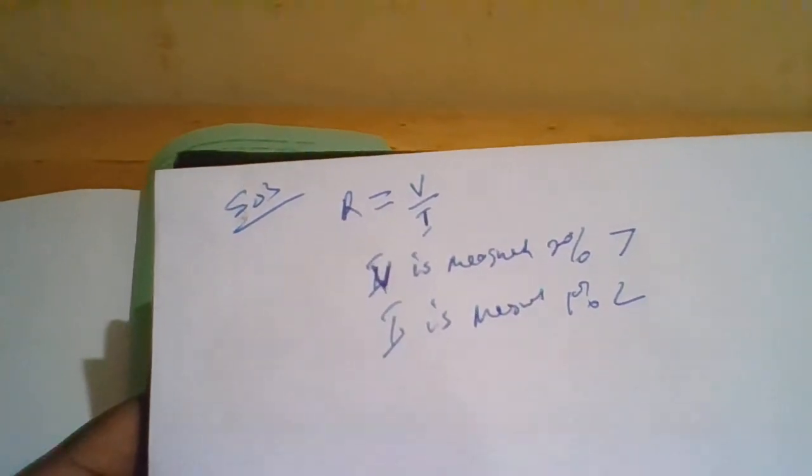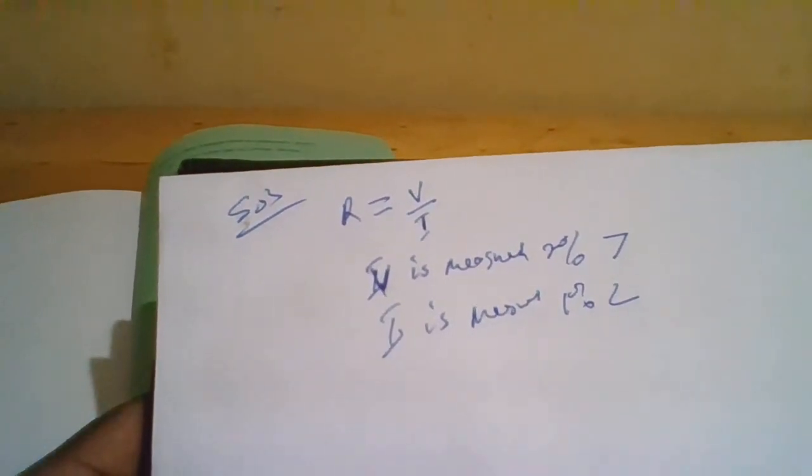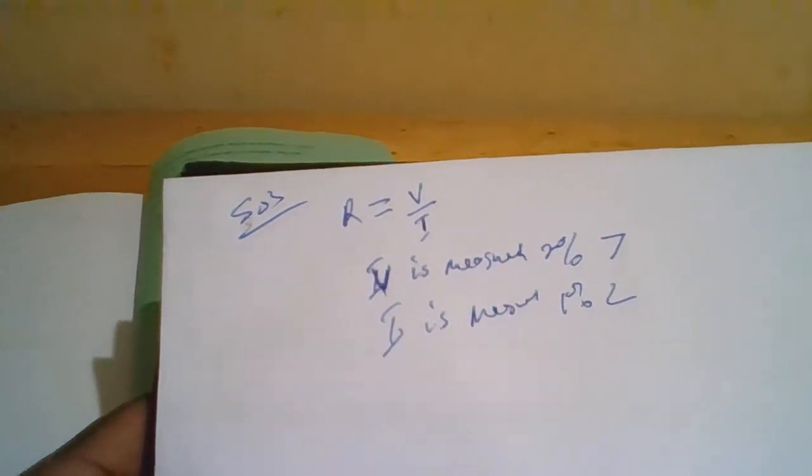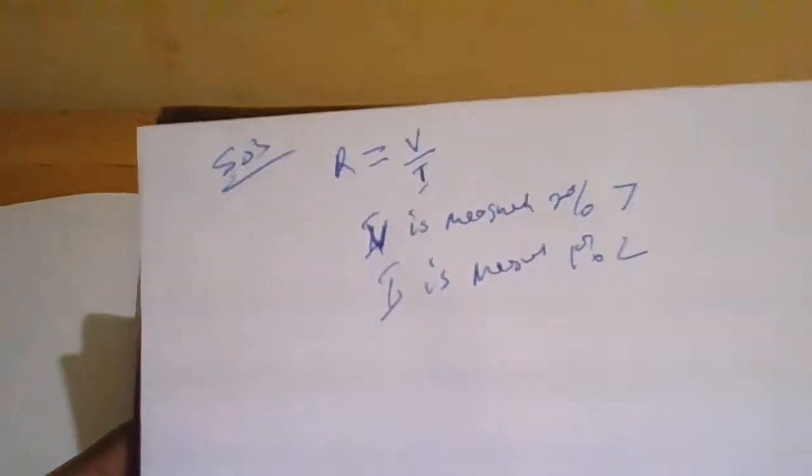So they want us to use partial differentiation to determine the percentage error made in the value of R.